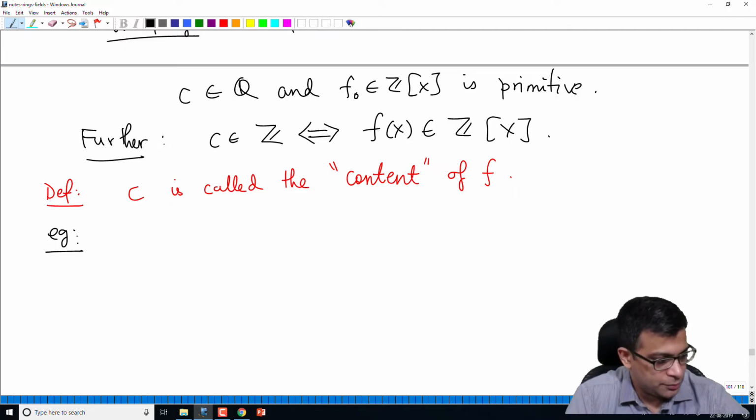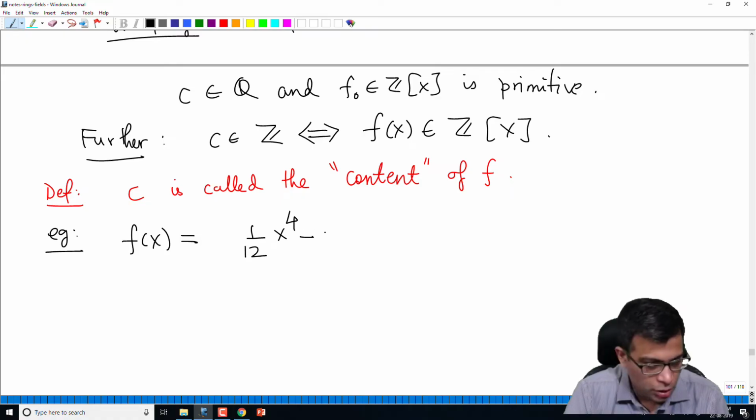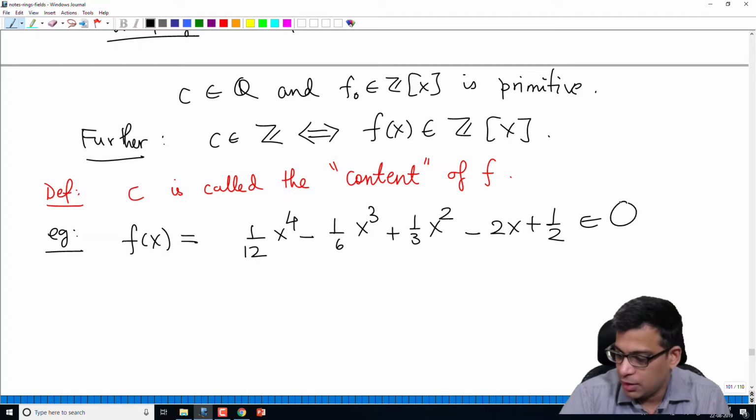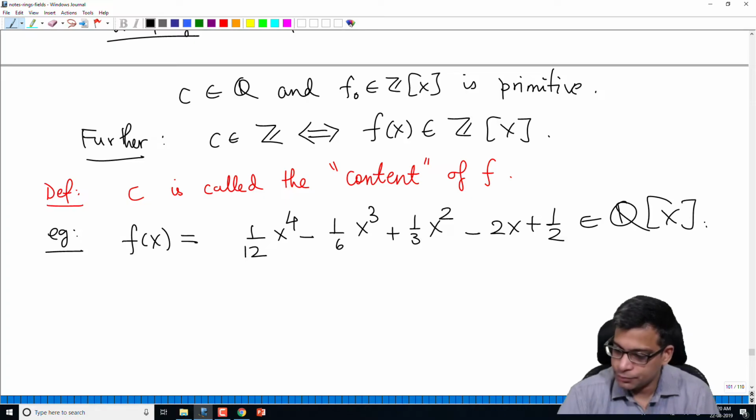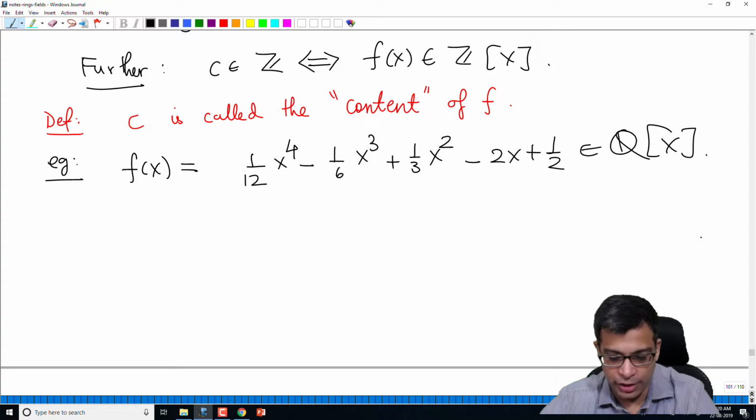So let's take f(x) to be 1/12 x^4 minus 1/6 x^3 plus 1/3 x^2 minus 2x plus 1/2. Remember, this is a rational polynomial. It's not an integer polynomial. The coefficients are rational numbers and they are not integers.